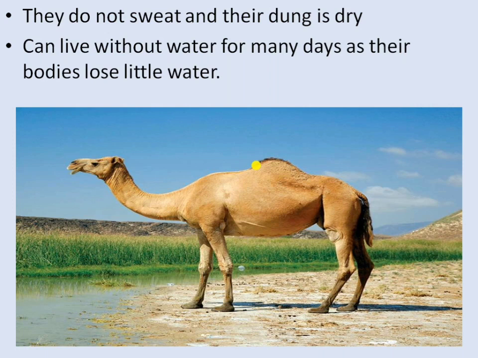Next, the camel conserves water by not sweating and by excreting a small amount of urine, so they can drink a large quantity of water when water is available. Due to these features, a camel can survive without water for many days. So these are the features of the camel.